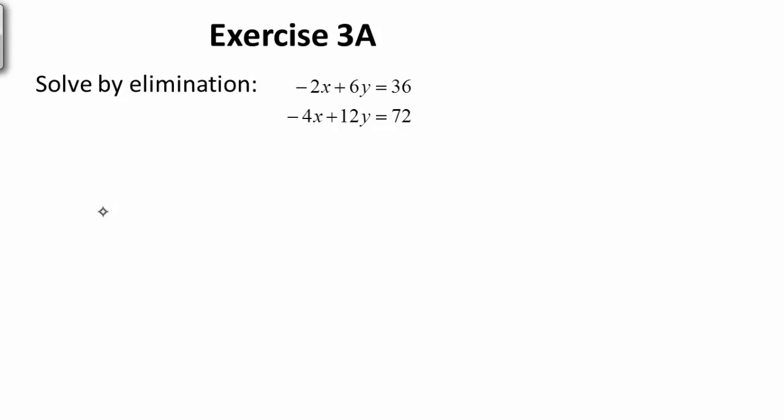Let's go ahead and multiply. Suppose we want to get rid of the x, so we need to multiply the first equation by what? -2. That way they will have opposite signs. So I'm going to put what we did on this side of the slide.